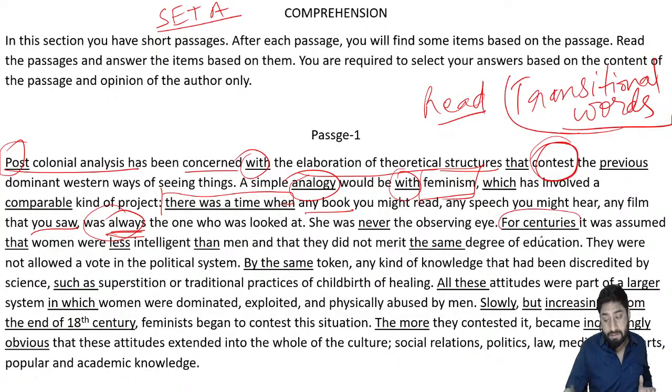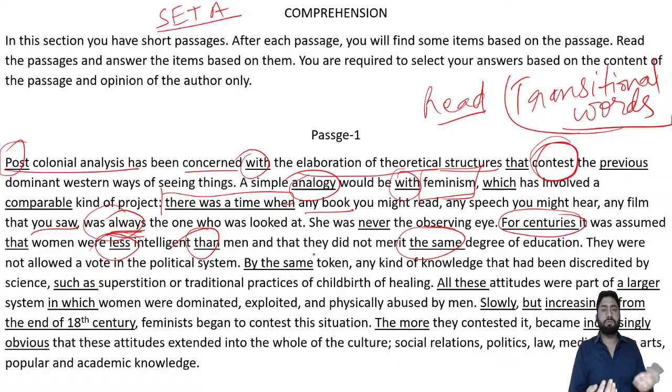For centuries, दशकों तक, it was assumed, सैकड़ों सालों तक, centuries for 100 years, right, decades होता है 10 for दशक. So it was assumed that women were less intelligent than men, and that they did not merit the same degree of education.